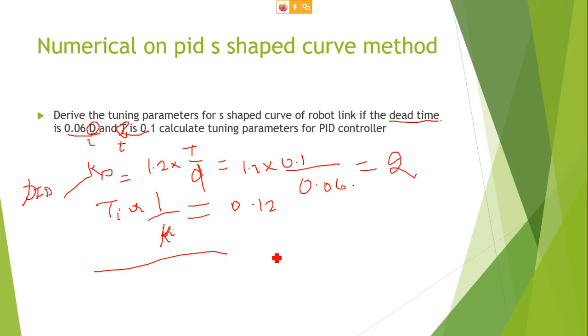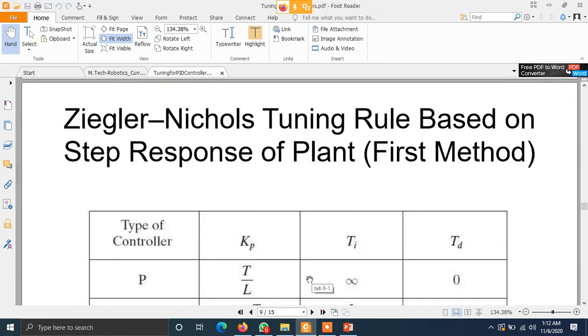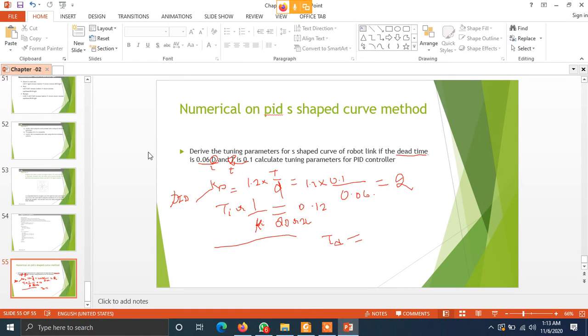Now, what is the last one, which is Td? How will you calculate Td? Ti is 2L, or 2D, both are correct. Td is 0.5L.